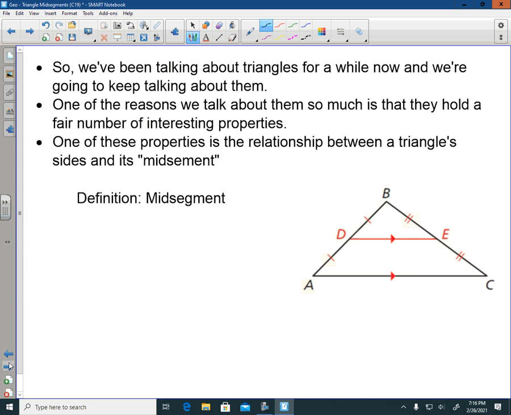One of the properties is the relationship between a triangle's sides and its midsegment. So let's discuss what a midsegment is.